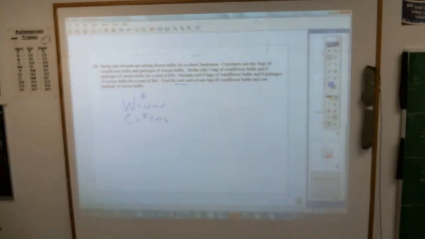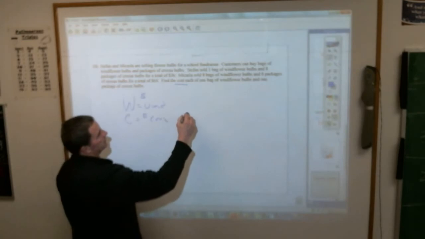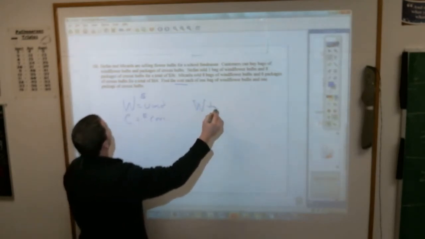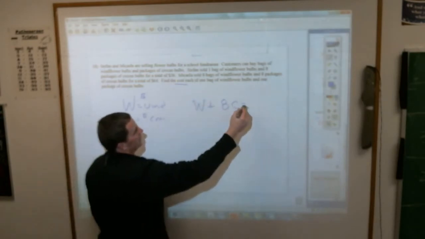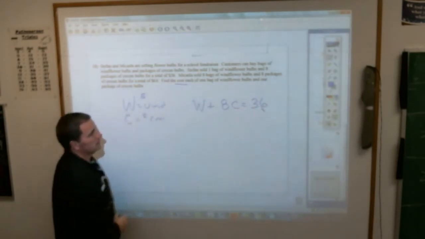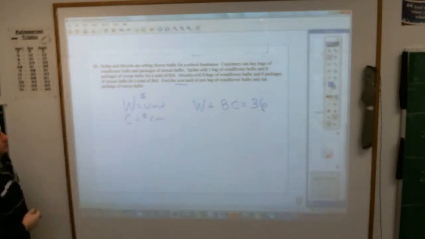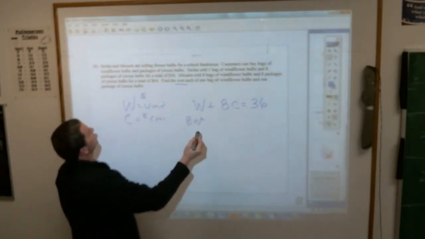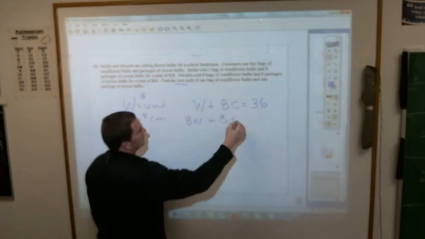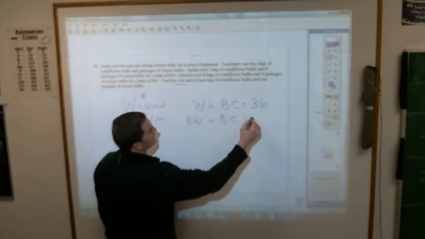And you end up with 1 bag of windflowers plus 8 bags of crocuses. That was a total cost of $36. And the other one was 8 bags of the W plus 8 packages of the crocus for $64.